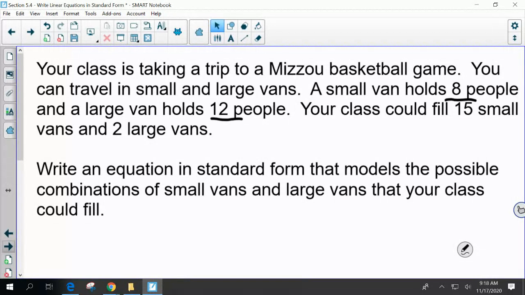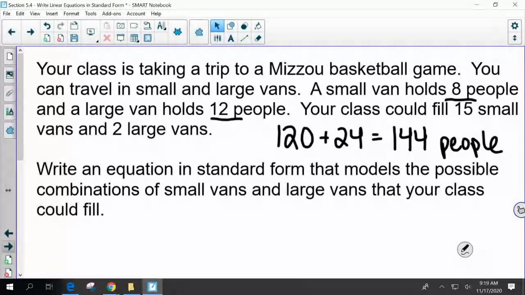How many people you have in total, in your class, right? So if your group can fill 15 small vans, how many people is that? 120. And then if your group also fills 2 large vans at the same time, how many people? 24. So you have how many people in your class? 144 people.